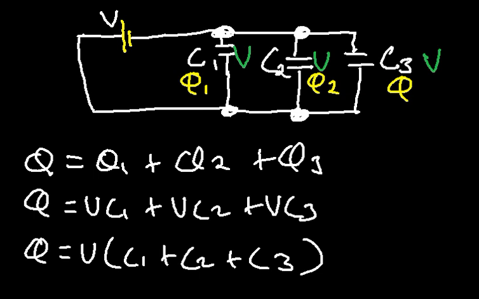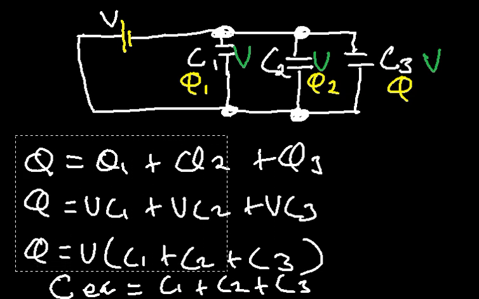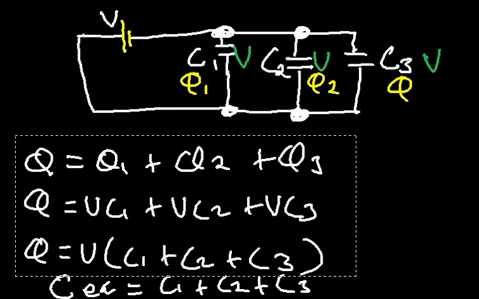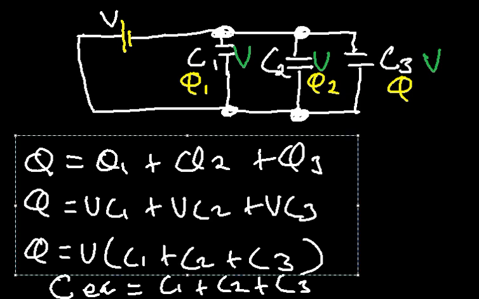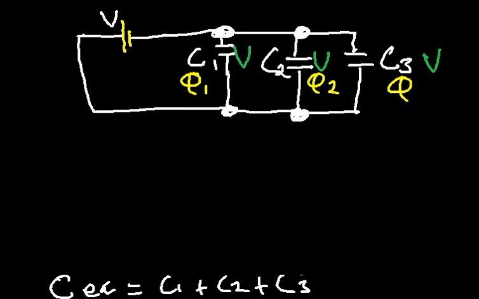So the equivalent capacitance, that is the total capacitance, is given as C1 plus C2 plus C3. That's how we find the total capacitance for capacitors connected in parallel. We just literally add them in a linear order. So keep that in mind.